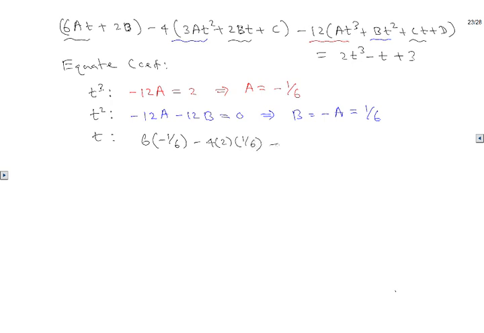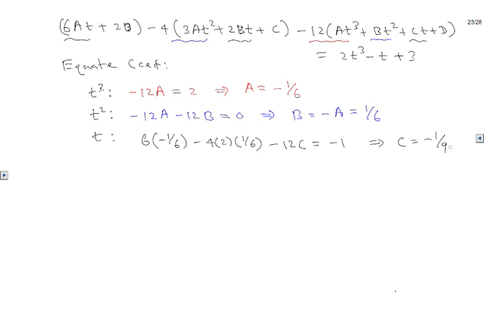Then minus 12c, that's the only thing we don't know, which is equal to the coefficient on the other side, which is −1. Let's simplify this. It's not that bad, so it's easy to solve. Once you solve, you're going to get c = −1/9.